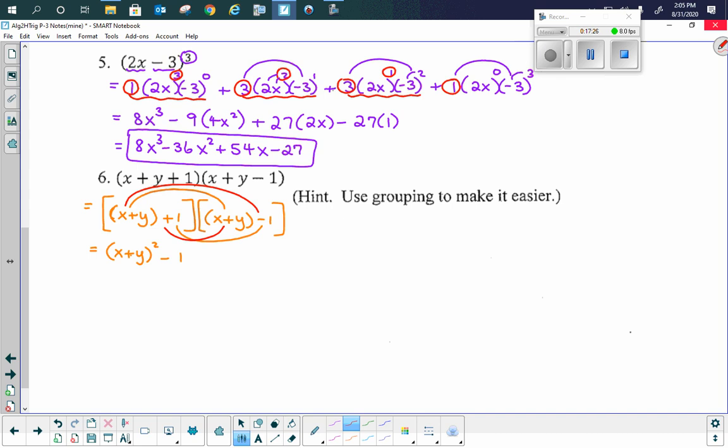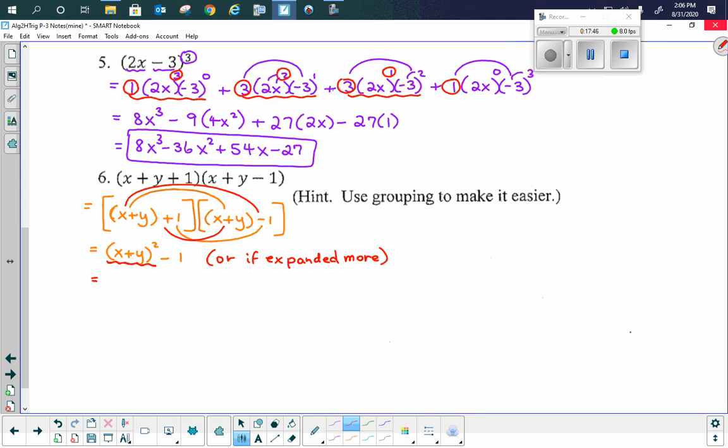I will just say that might be the answer that's given to you, or I will say, or if expanded more, okay, because I don't know necessarily what problems you're going to be looking at and what it's going to say. But if you went ahead and expanded that out, think about squaring this term then.